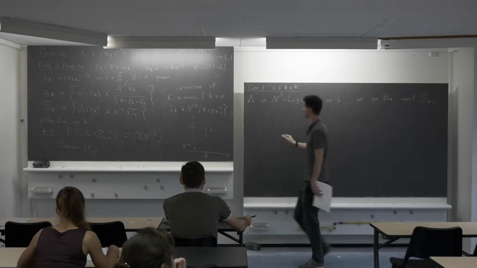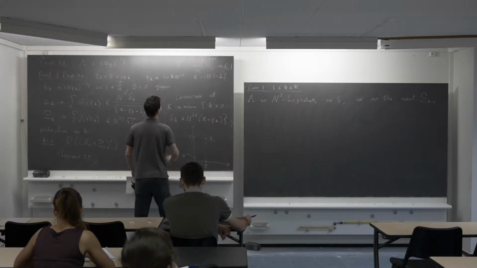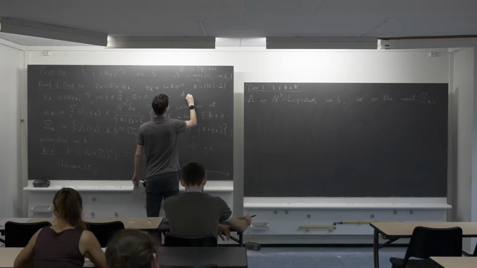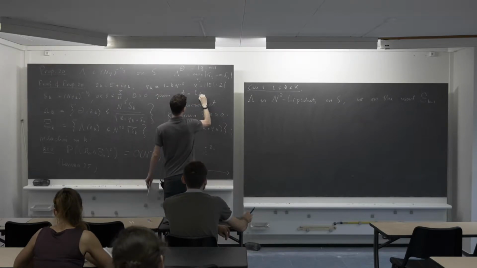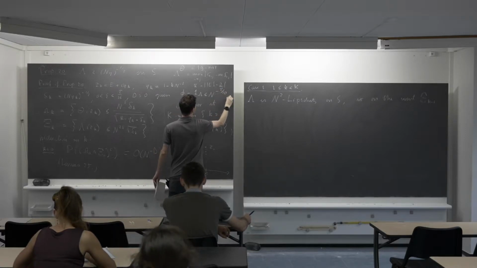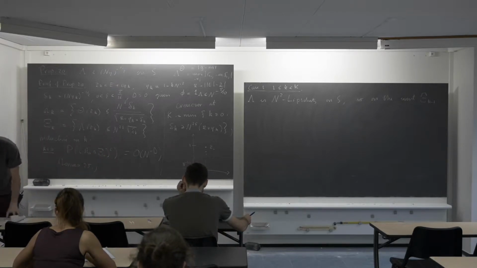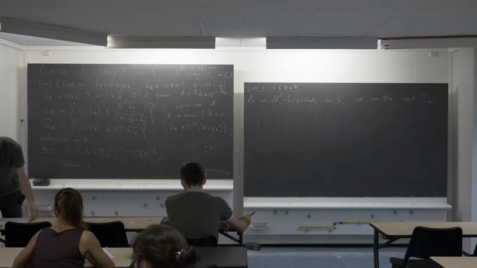I know that phi, if you recall my function phi, let me review also my function phi. So phi was the indicator function that lambda is less than or equal to n to the minus, I think it was tau over 10. The exponent doesn't really matter, it just has to be sufficiently small.